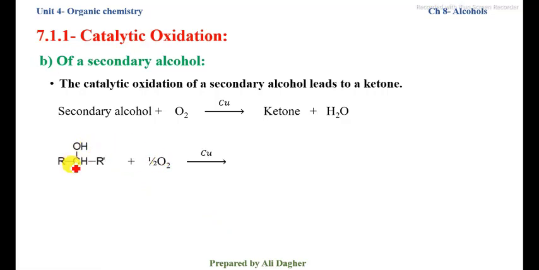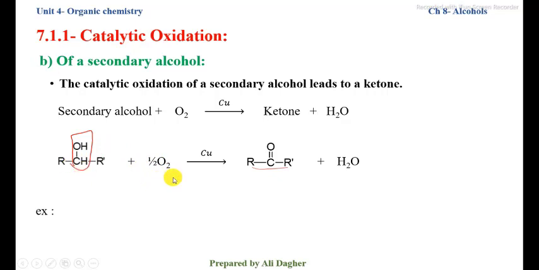We transform the functional carbon with OH into carbonyl group, C double bond O, R and R prime remain the same. Then we balance: we have 2 hydrogen in reactant, in product we have no hydrogen. We add H2O to balance the hydrogen. Now we have 2 oxygen in product. In reactants we have 1 oxygen, we multiply O2 by half to have another oxygen atom to have 2 oxygen in reactants.